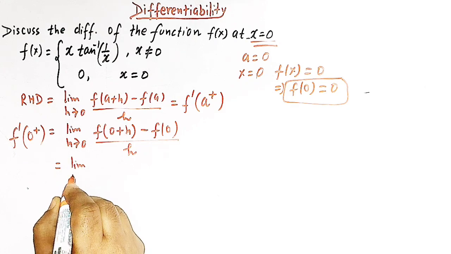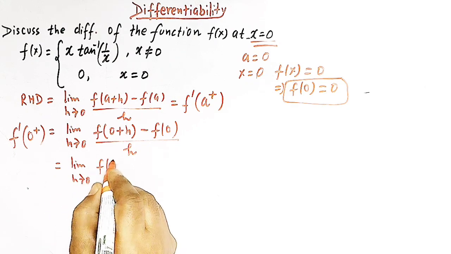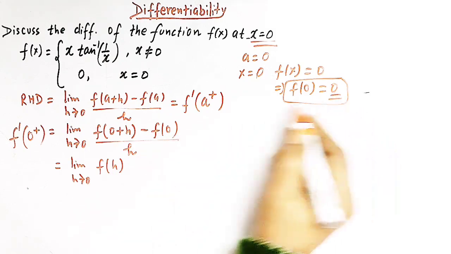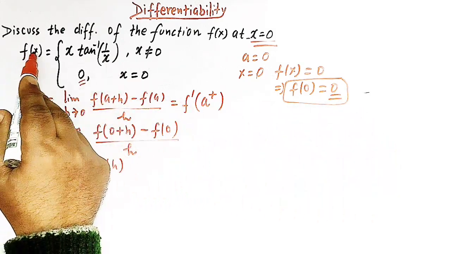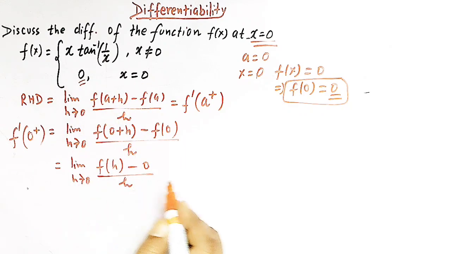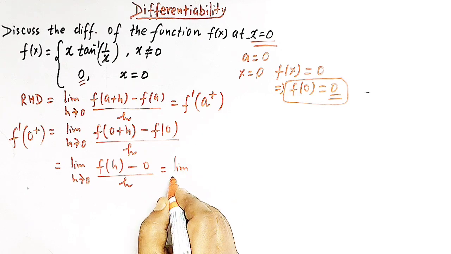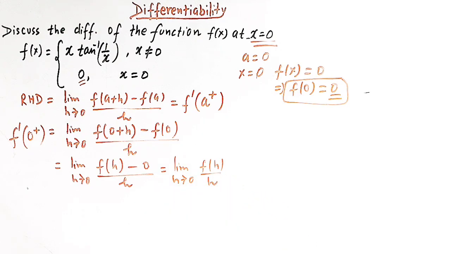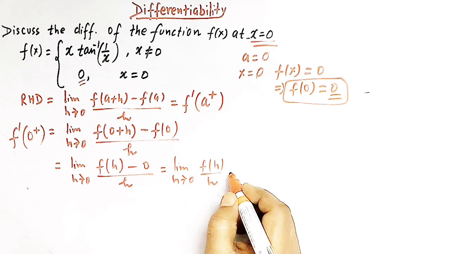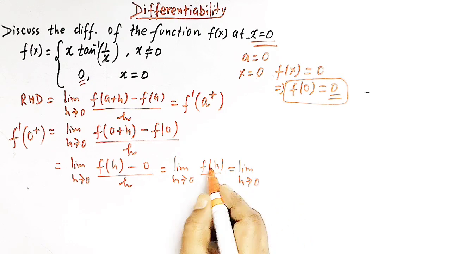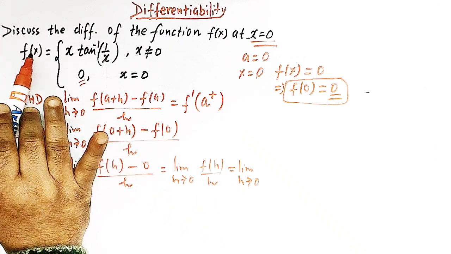So we have limit h tends to 0, this is f of h, since 0 plus h is h, f of 0 is 0, because here f of x is equal to 0 for x is equal to 0, and here we have h. So now we have a limit h tends to 0, f of h over h. Okay, now we have to evaluate this limit. So let us find out the value of f of h by replacing x by h.